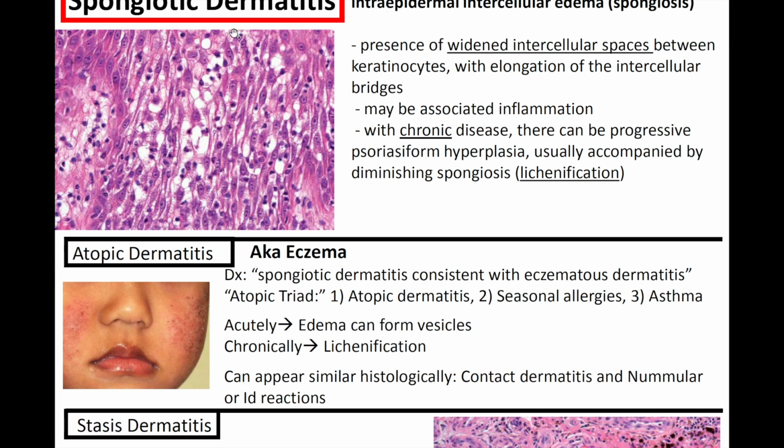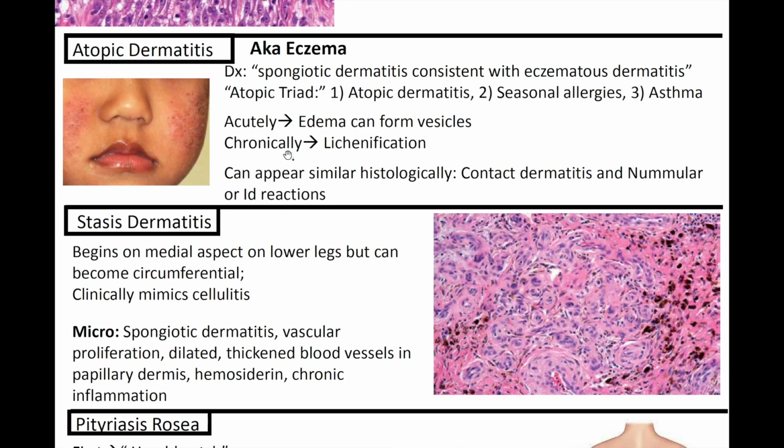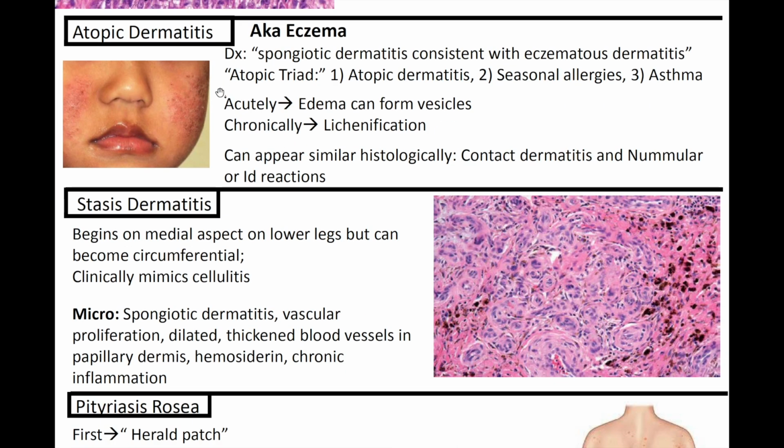So within the spongiotic dermatitis category, there are several entities. The first we'll talk about is very common, and it's atopic dermatitis, also known as eczema. So the diagnosis is spongiotic dermatitis consistent with eczematous dermatitis. The atopic triad to be familiar with is atopic dermatitis, seasonal allergies, and asthma.